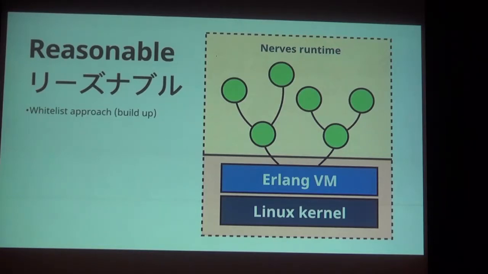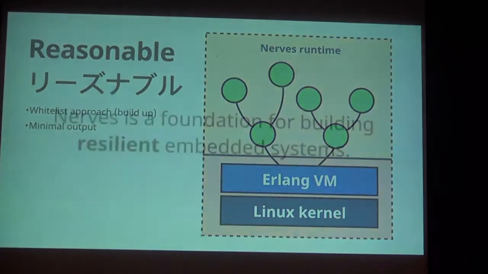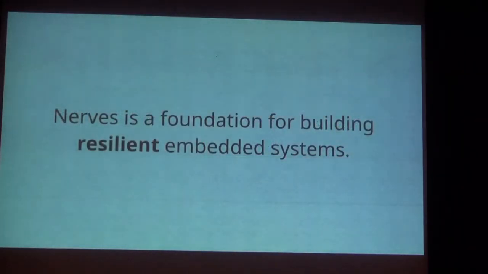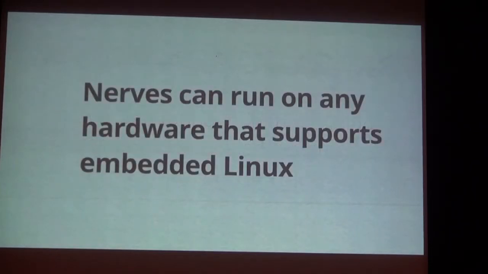This produces the small 30 megabyte output for the entire system. And therefore, Nerves is a foundation for building resilient systems. And furthermore, Nerves can run on any hardware that supports embedded Linux.